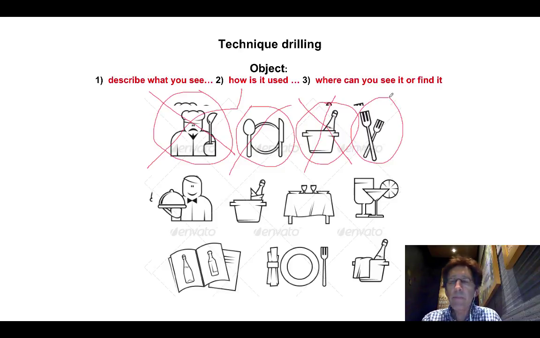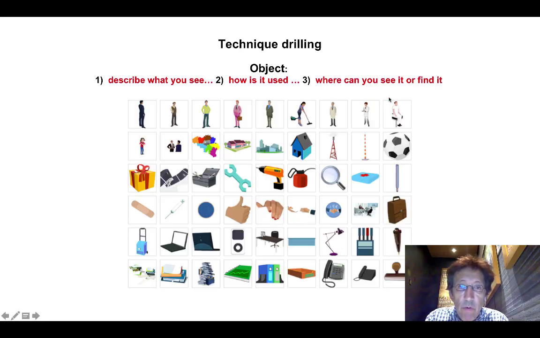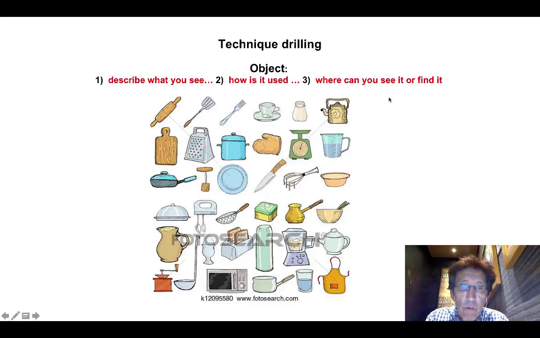Okay. And usually we see them in the kitchen or at the tables when we have to eat food. We used to use this object. Okay, very good, perfect. Why don't you scroll down to page 30.